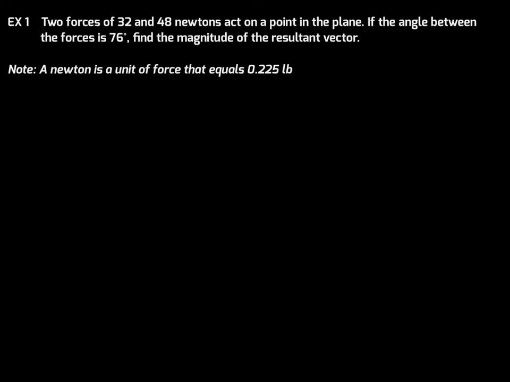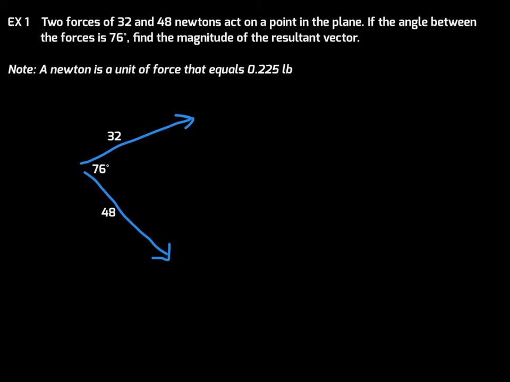Now, the resultant vector is found by taking our two vectors and adding them together. Okay? And I'm going to show you how, geometrically speaking, we take a vector and add another one to it to find the resultant vector. All right, this is what I'm going to do. I'm going to draw a sketch.